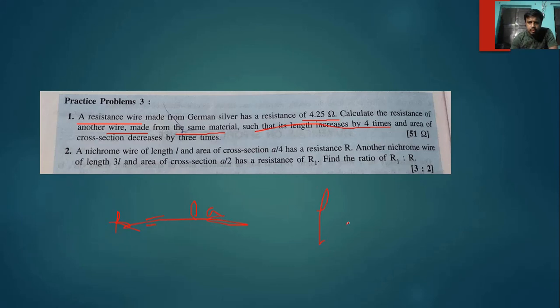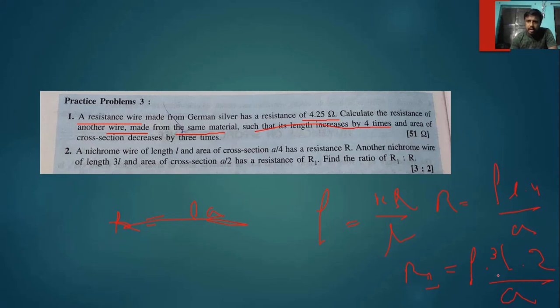We know that rho is equal to R A by L, so R is equal to rho into L by A. R1 is equal to rho into 3L by A into 2, and that one will be A into 4.